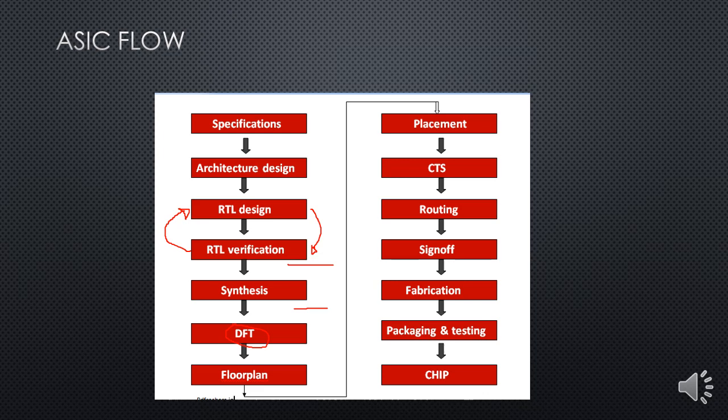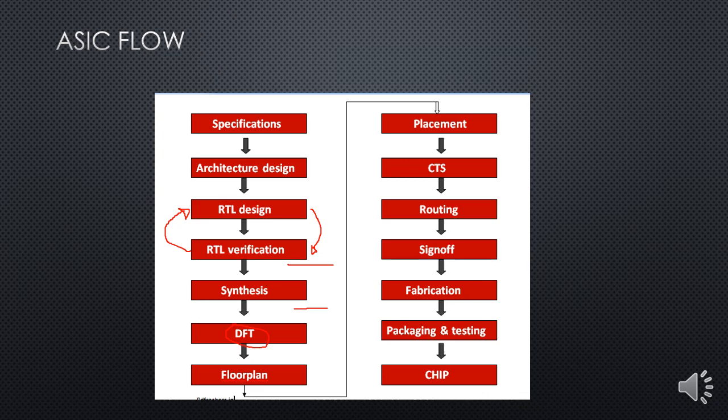After this step, the actual work of the PD engineer, or physical design engineer, will start. The physical design engineer is the person who will realize the logic. Up to this point, everything we have is still in the logical format only.